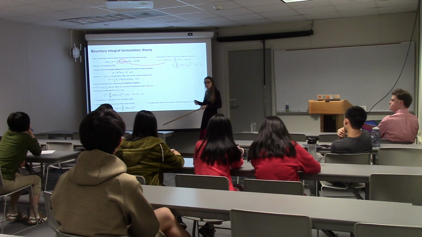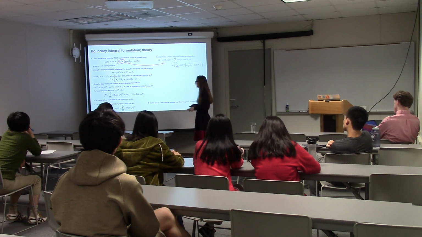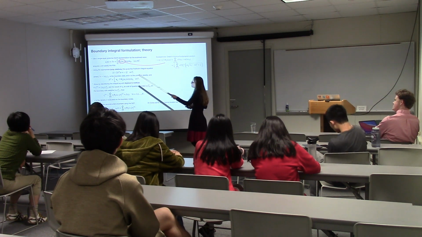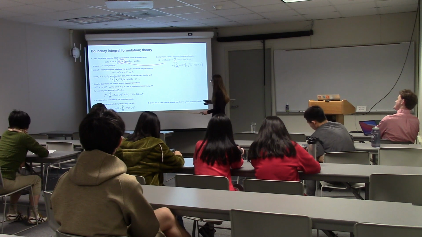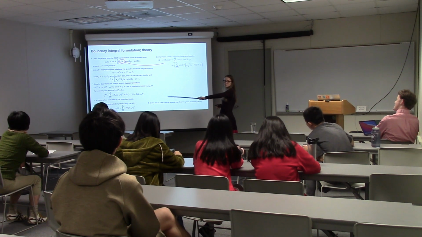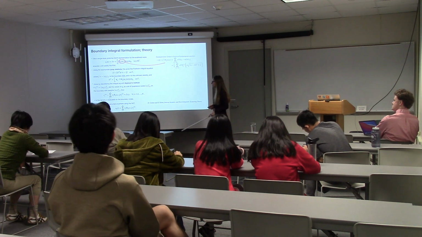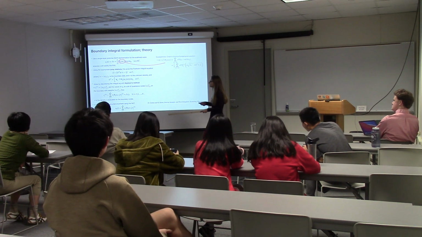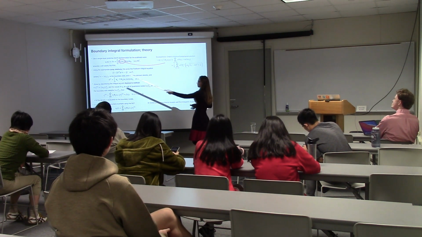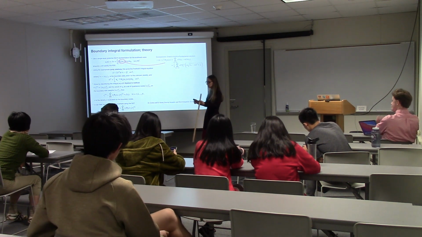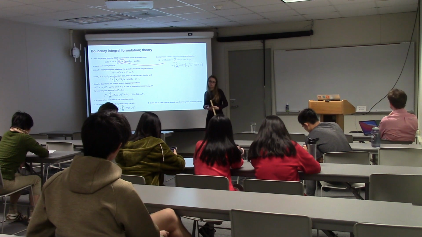How do you choose the discretization points on the surface? I'm going to use something called Nyström's method. If you're interested in the details, I refer you to the famous Colton and Kress textbook on this. But the point is that we are going to replace the integrals by quadrature, so we associate quadrature nodes and quadrature rules with the boundary.